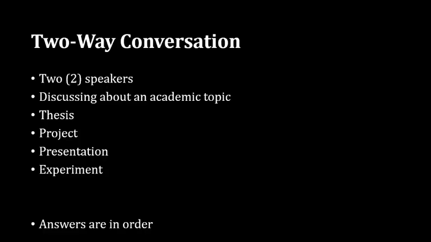These two people could be a student and a tutor, or probably two students trying to work on their thesis, project or presentation. And you have to decipher what they are saying and its connection with the questions being asked, question 21 to 30. And these answers come in order.